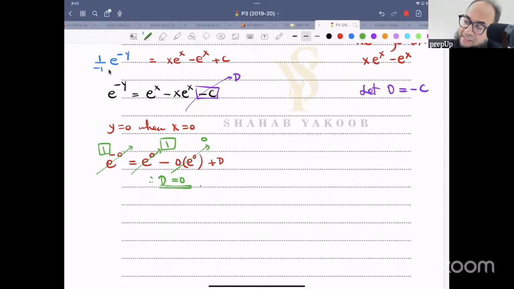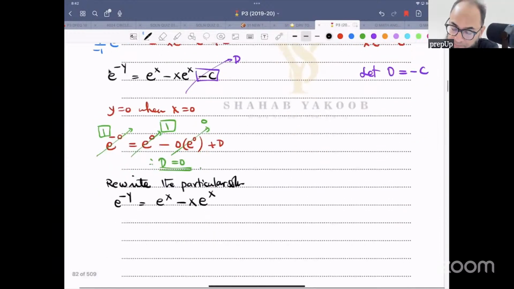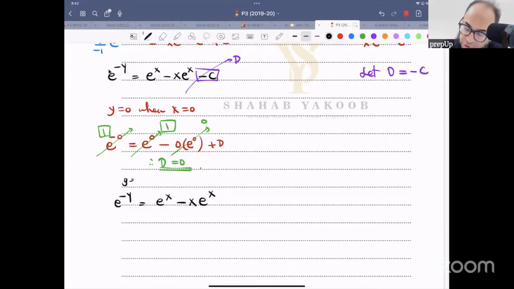Now, once this is done, rewrite the general solution, and it will now become the particular solution, because we have found the value of the constant, which comes out to be 0.